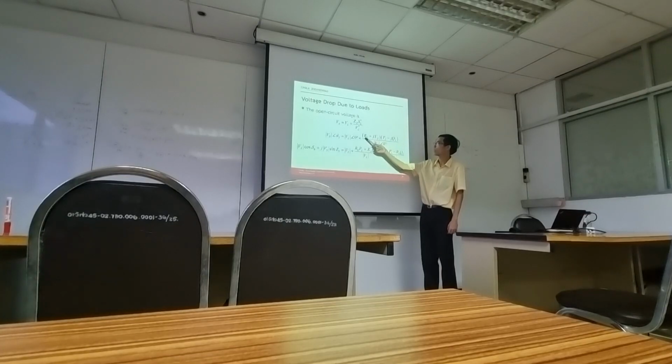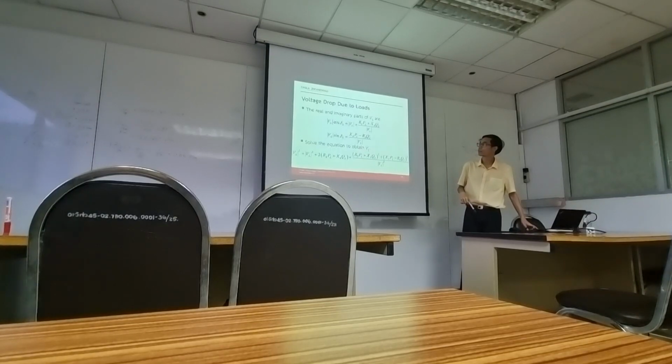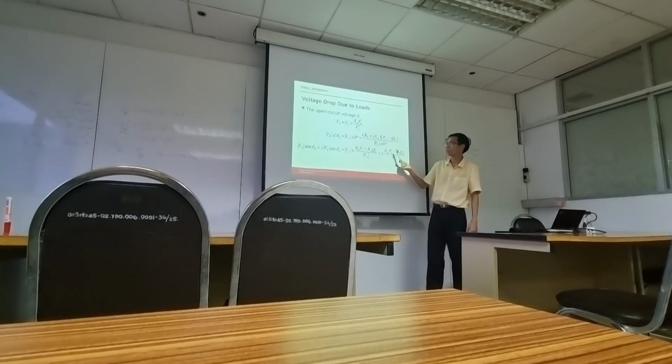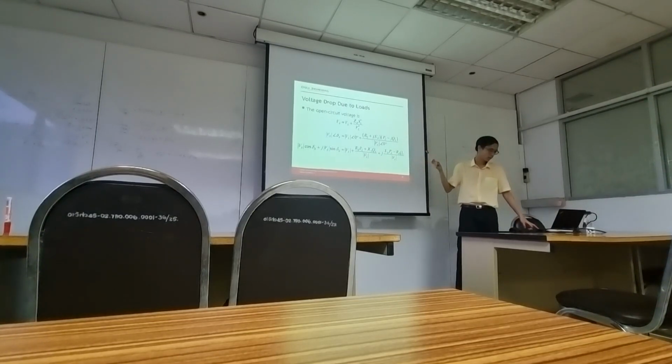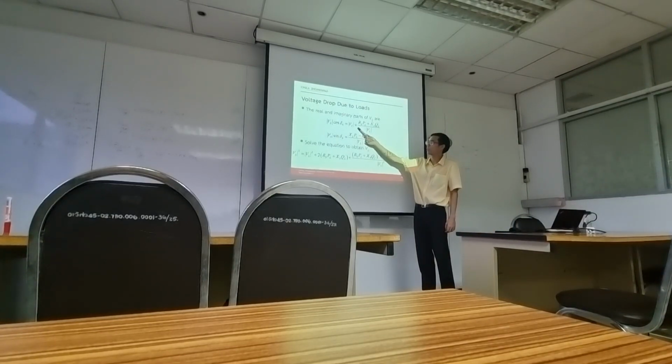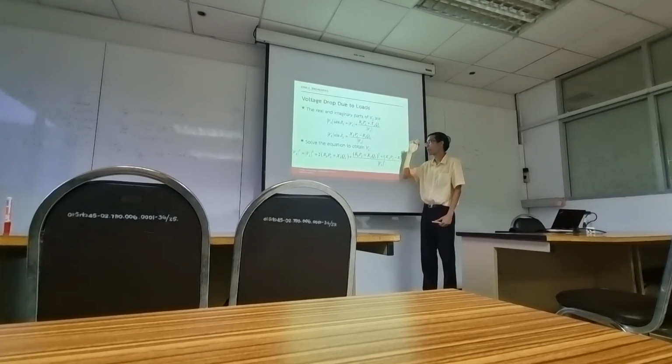Do the calculation, Rs, PL, whatever, and you will have this and this. Because this is a complex equation, with a real part and an imaginary part, you can separate them into a real equation and an imaginary equation. So we have two equations.